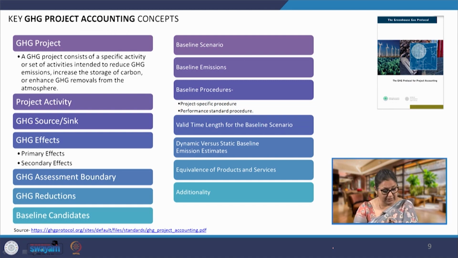And once we have done that, we have to calculate the GHG reduction based upon the baselines. So, we have to identify the baseline year. What is the baseline scenario? We have to calculate the baseline emissions clearly, and then we have to calculate the GHG reductions. We have already seen how to define a baseline year.